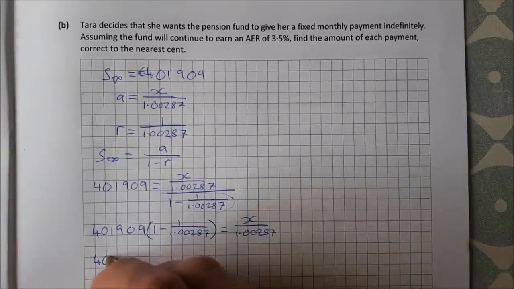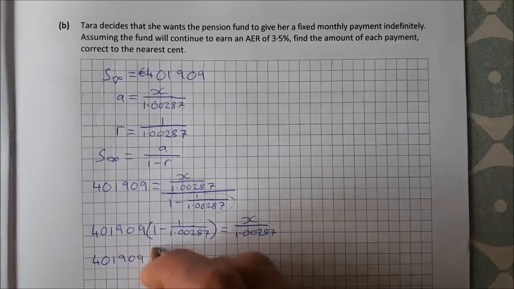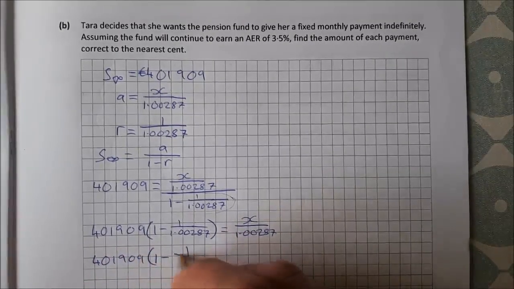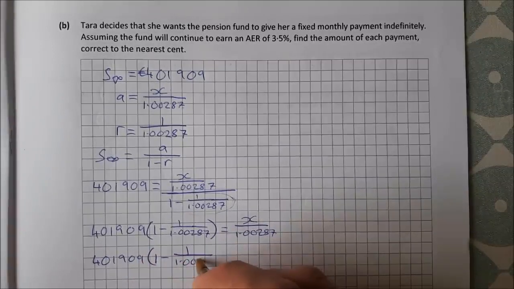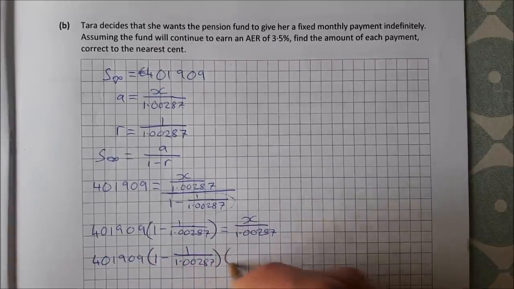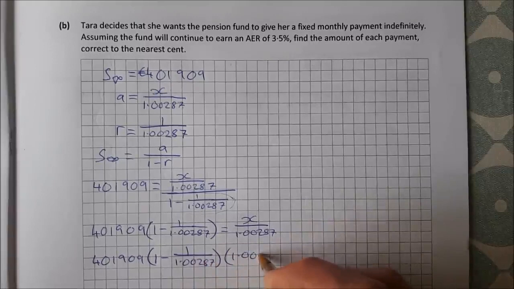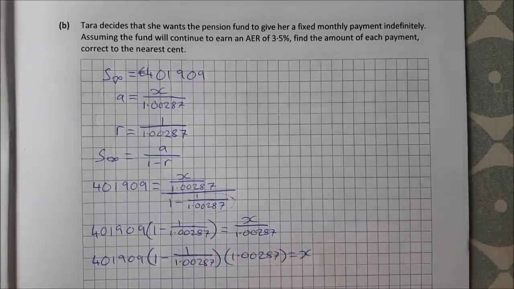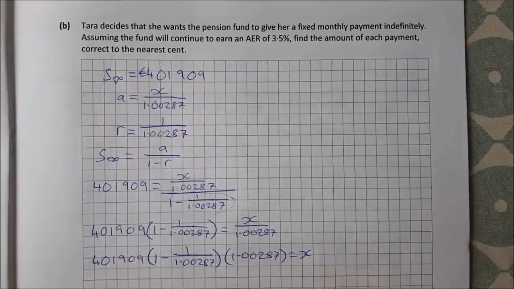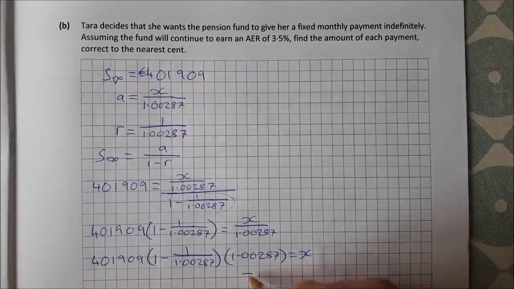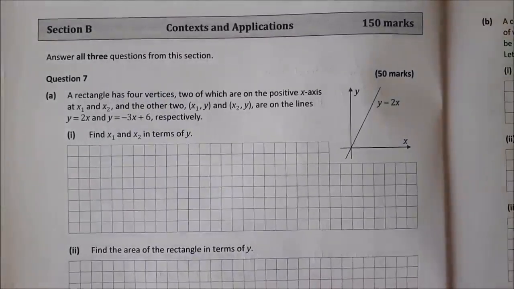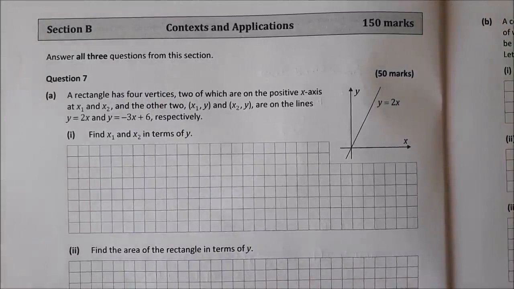So it's 401,909 times 1 minus 1 over 1.00287 times 1.00287 is equal to X. So if you type that into your calculator, and just be careful of brackets and all that, you'll get an answer of X is equal to €1,153.48.